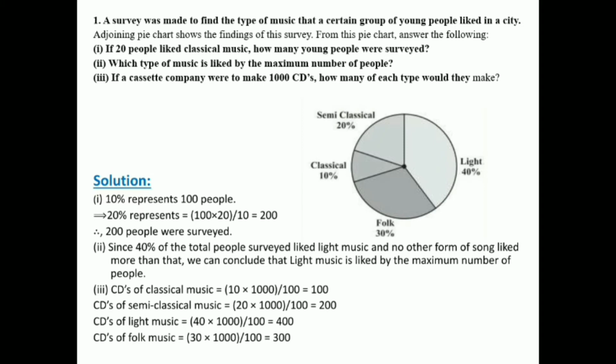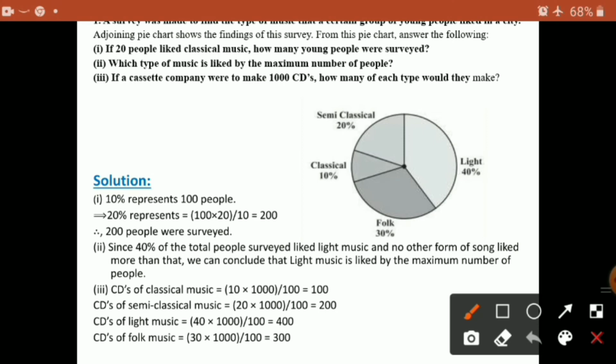So CDs of semi-classical music, now there are 20%, semi-classical 20%. How can we calculate this? We have to find 20% of 1000.